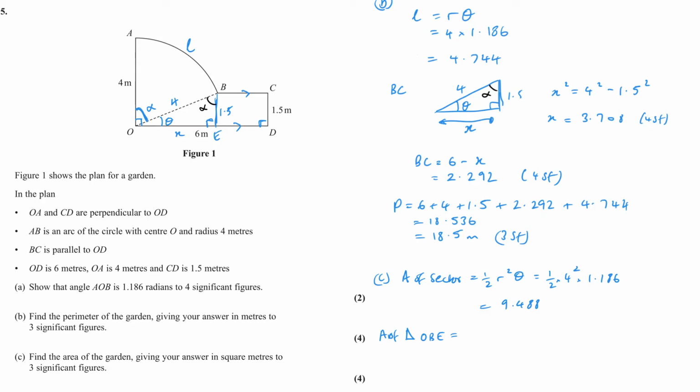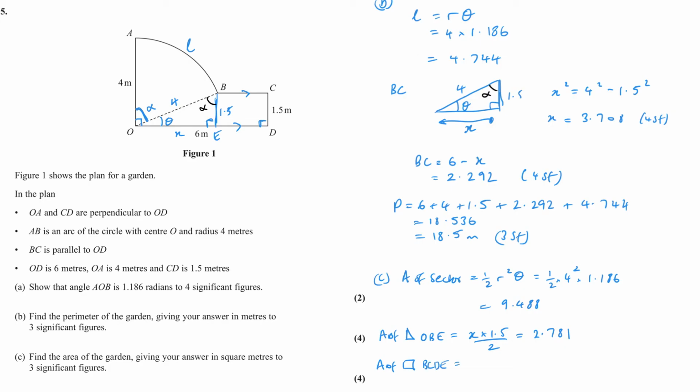So the base is x, so it's x times 1.5 divided by 2. Now I always, while I'm doing values like this, save them in my calculator so I can just reuse them again. So this then gives me 2.781, to 4 significant figures there.